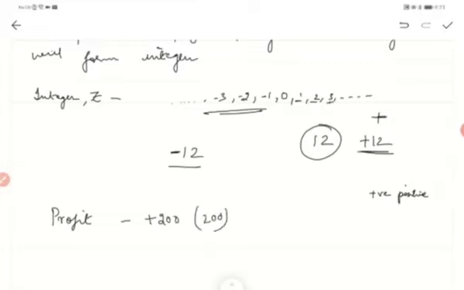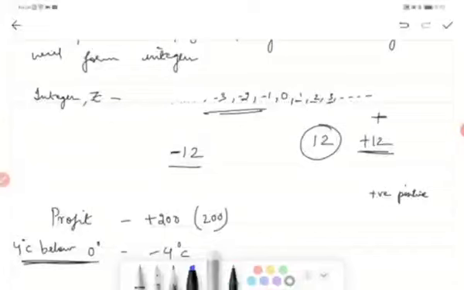And if I say the temperature is 4 degrees centigrade below 0, what does this mean? It is -4 degrees.